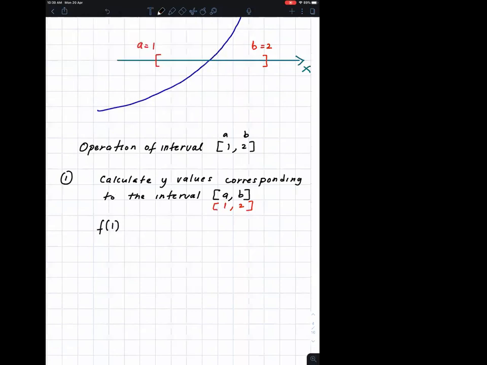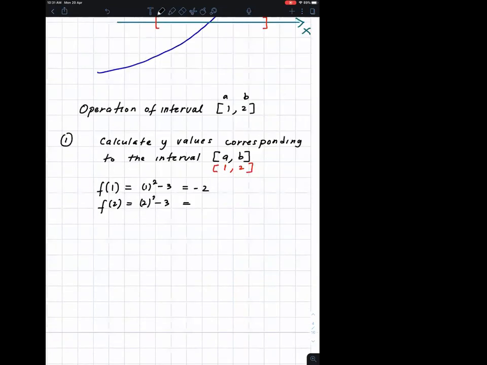Find out what is f(1) and f(2). Plug into that equation. 1 squared minus 3 is minus 2. 2 squared is 4, 4 minus 3 is 1.